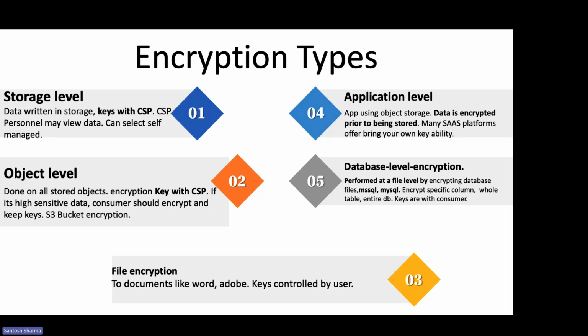If you are using storage level or object level encryption, like an S3 bucket, there is an option to enable the encryption. This key is with the CSP, but there is an option that you can select that you want to self-manage the key.